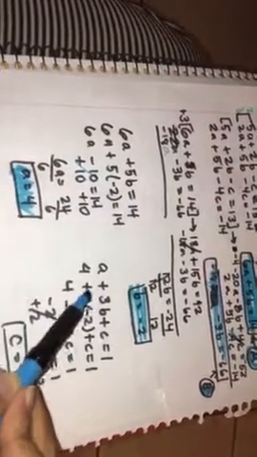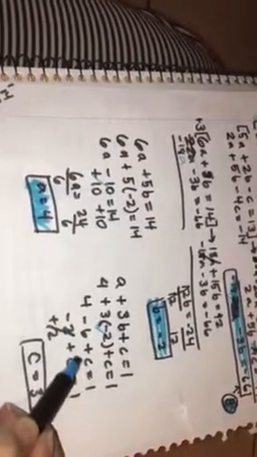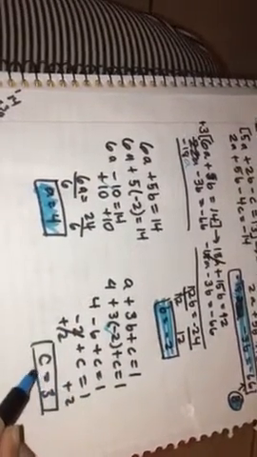So my A was 4, plus 3 times B, negative 2, plus C is equal to 1. This gives me negative 6. 4 minus 6 is negative 2, plus C equals 1. Add 2 to both sides, and now C is equal to 3.